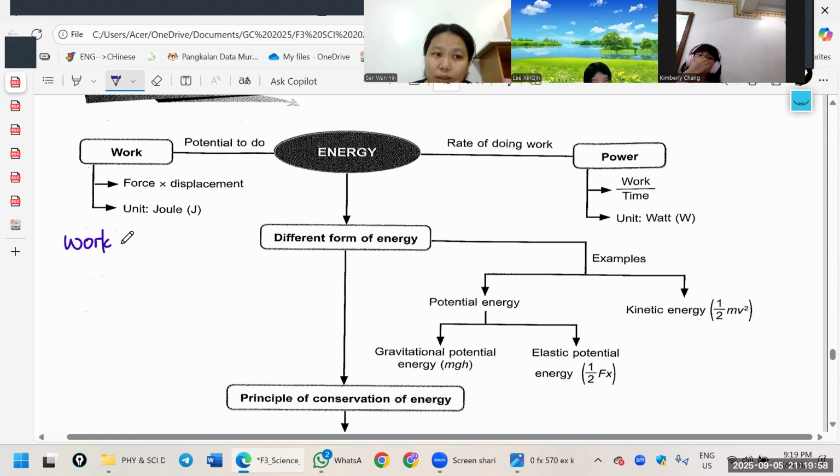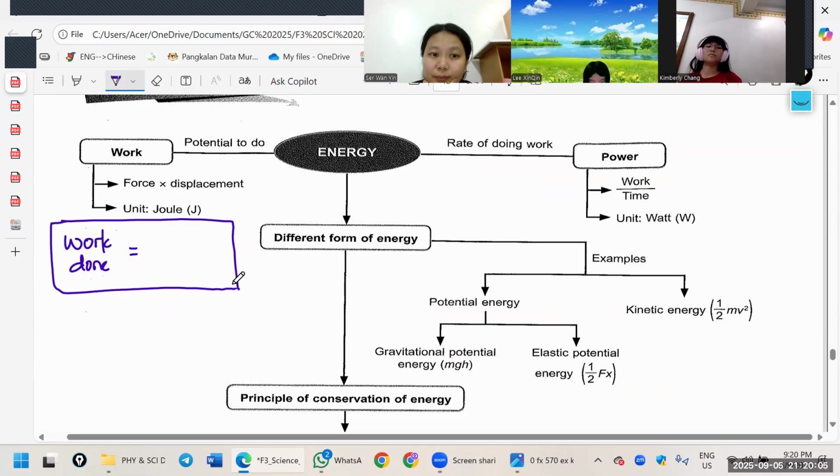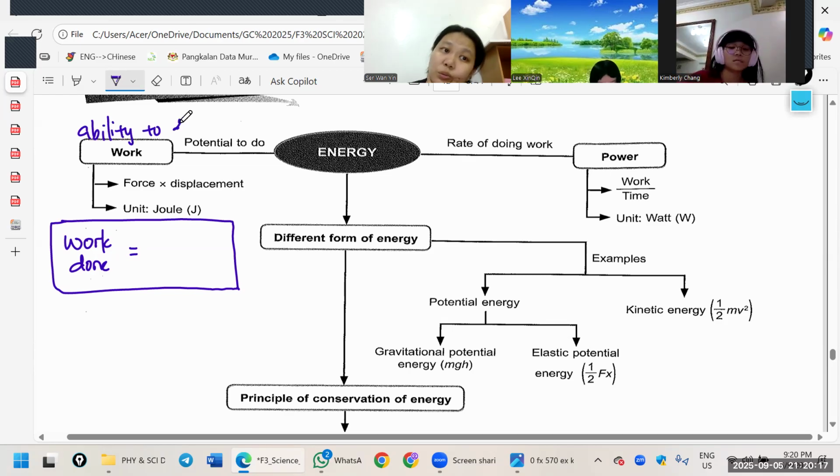What is a work done? Ability to do work. Yeah, correct. Work done means ability to do work.